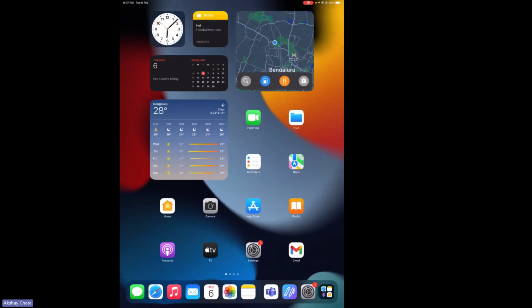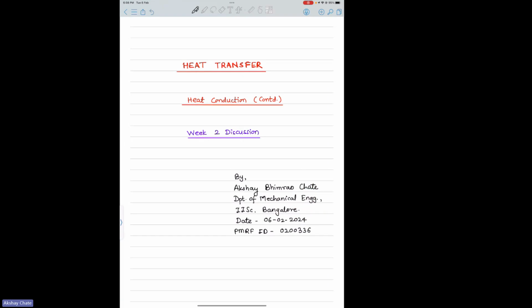Yeah, so I don't know what happened. This Apple Pencil was not working initially, so I had to stop and connect again. Anyway, now I think it's fine. Before starting, is my screen visible?